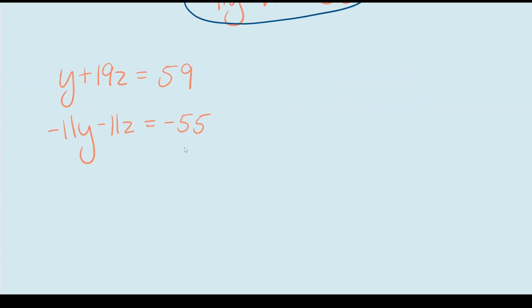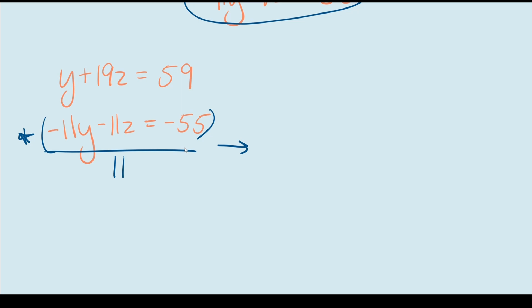So I've rewritten my equations. I'm going to choose to cancel out the y terms because I can see here that if I divide this whole equation by 11, I'll end up with a negative y term right here, which should cancel out with a positive y term up here. When we're dividing this equation by a number, we need to divide each term in the equation by that number.